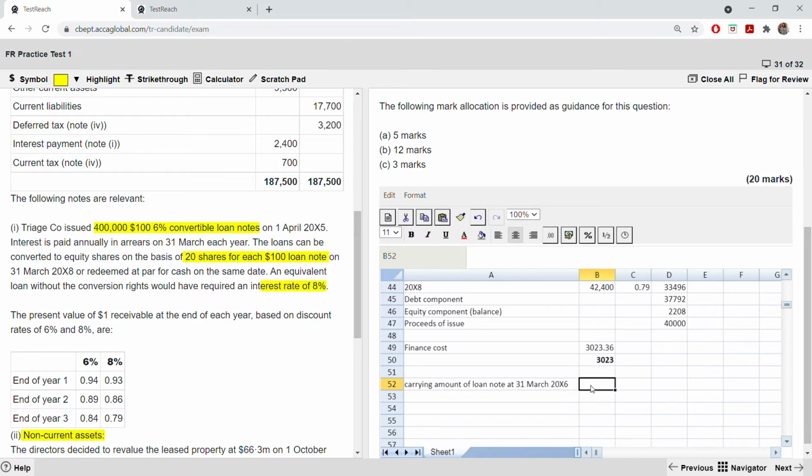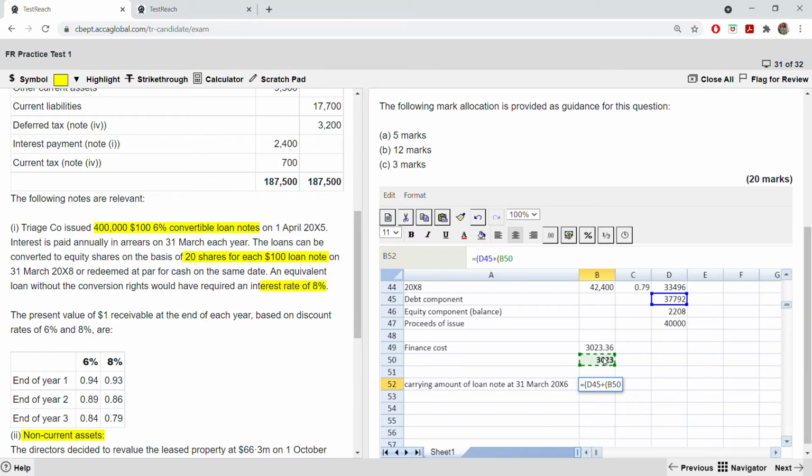What will it be? What is the carrying amount? Okay, it is equal to this amount, the debt component. From there you need to add, okay, again a bracket. Add this interest.